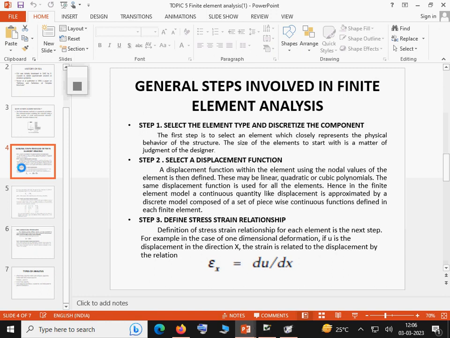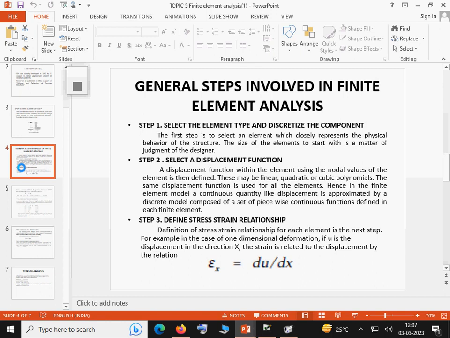Okay. Then second is to select the displacement function. Displacement function means the displacement formulas we are having. F is equal to K into U, where F is the force vector, K is the stiffness matrix, and U is the displacement vector. Finally we have to calculate the displacement values.